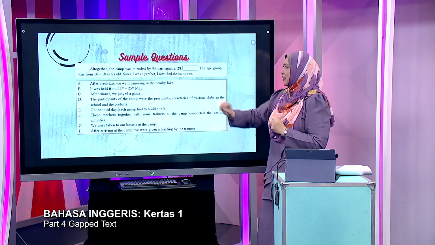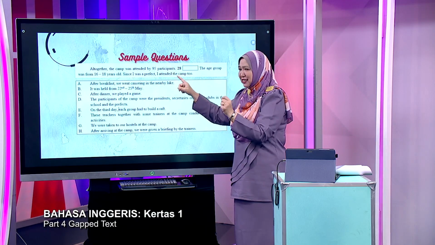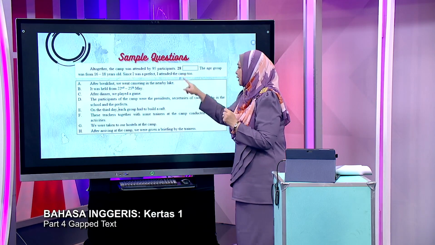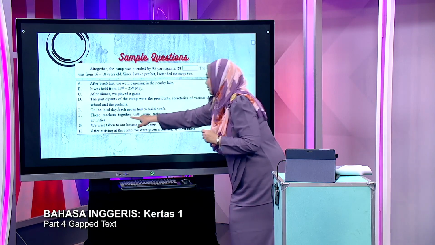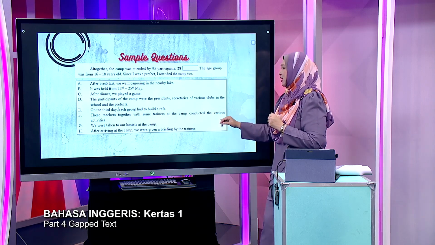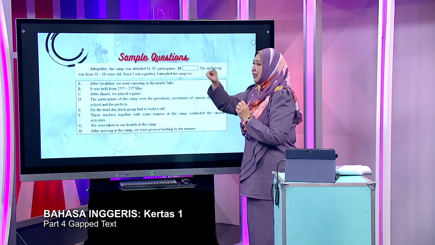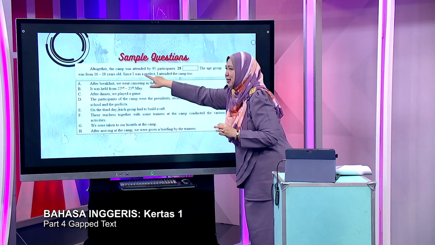So it's very important for us to identify the word participant. If they didn't see the word participant and are rushing, they will go to the teachers just now: "These teachers, together with some trainers at the camp, conducted the various activities." That's true. So the word is participant, and another clue that you can use is prefect.